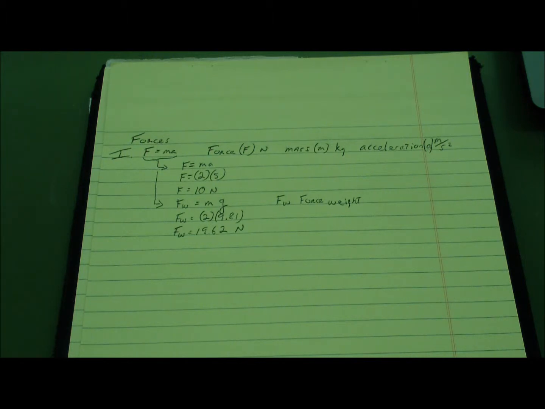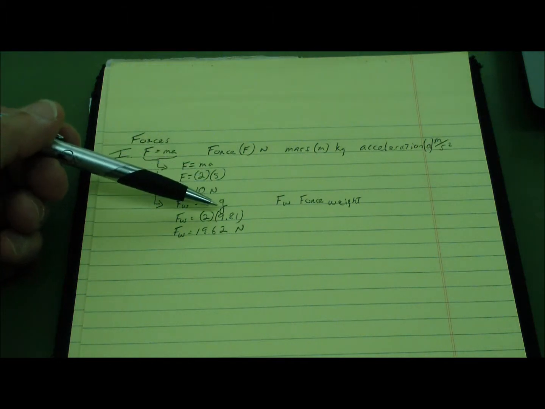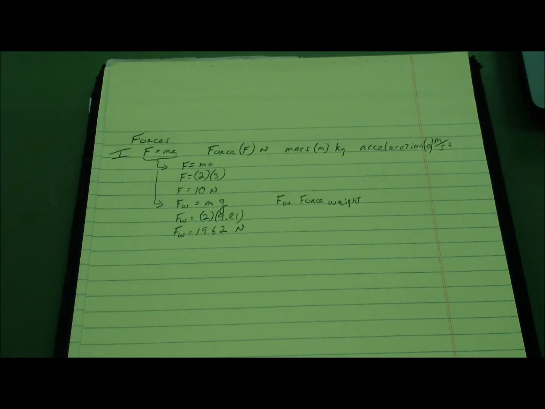Another aspect of this is that weight is a type of force, and weight is dependent upon the gravitational field that you're in. Here on Earth, if you remember, we've talked about 9.81 meters per second squared as the acceleration due to gravity. If we go to Mars or the Moon, the gravitational attraction will be less.